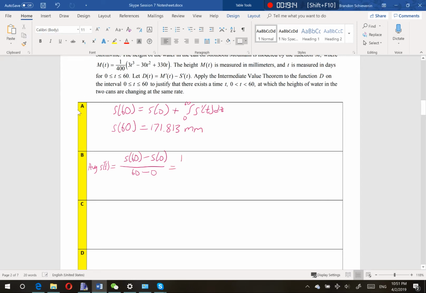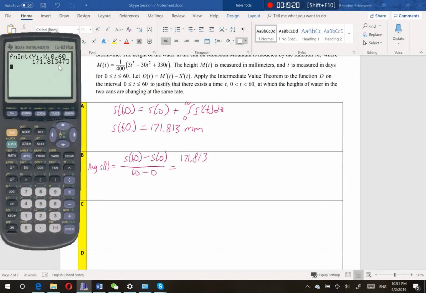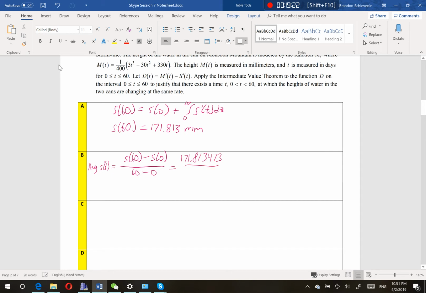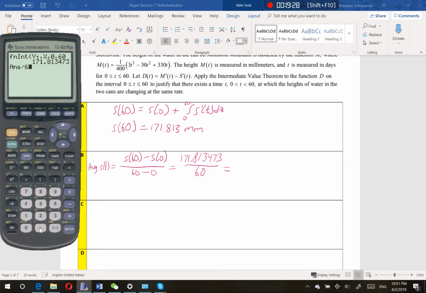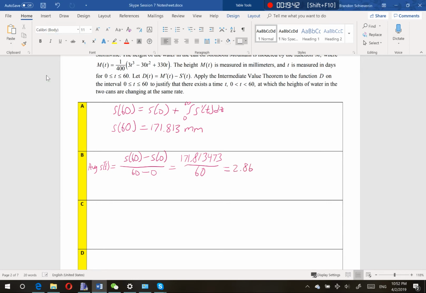So this is 171.813473 divided by 60, or 2.863. I'm going to round that to 2.864. What are our units? Millimeter per days. Perfect. Millimeter per day.